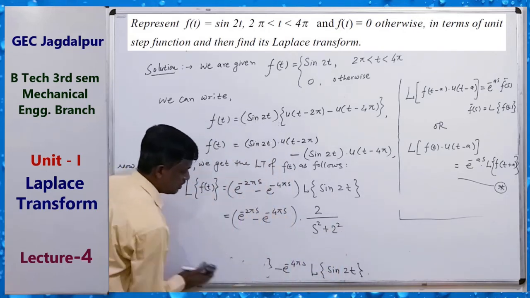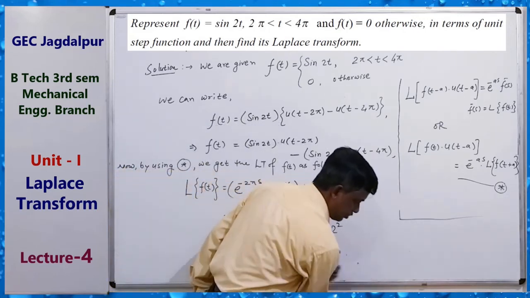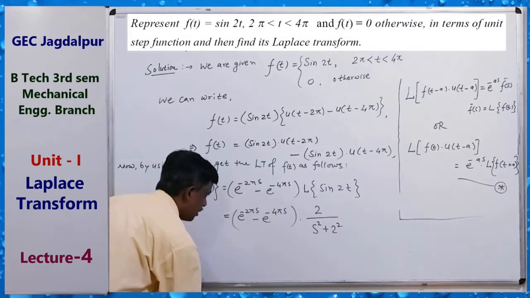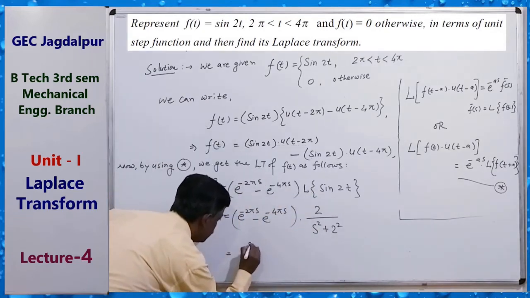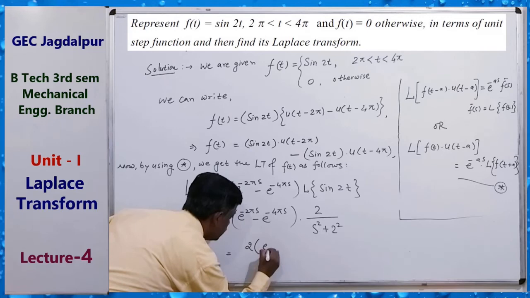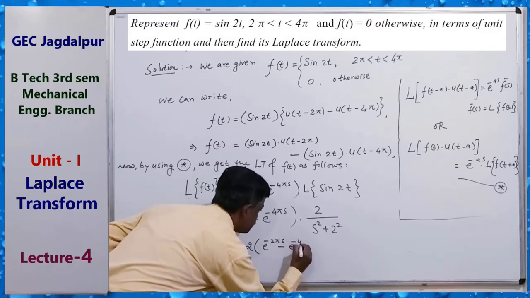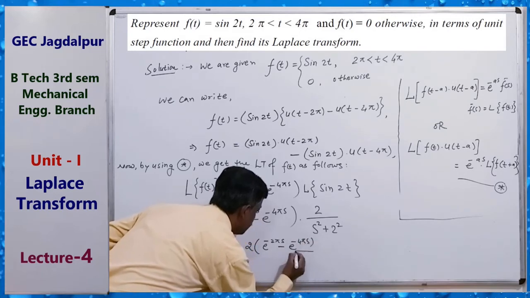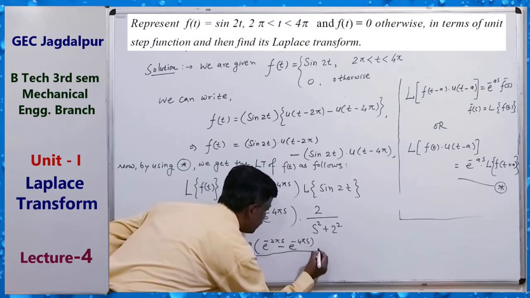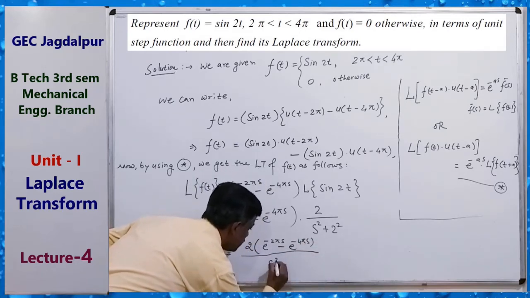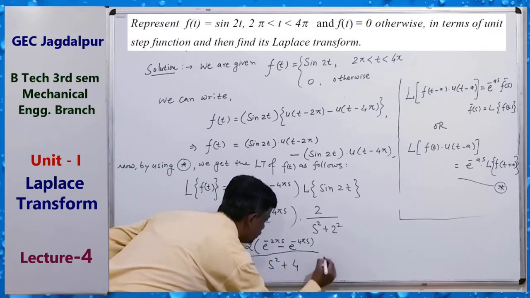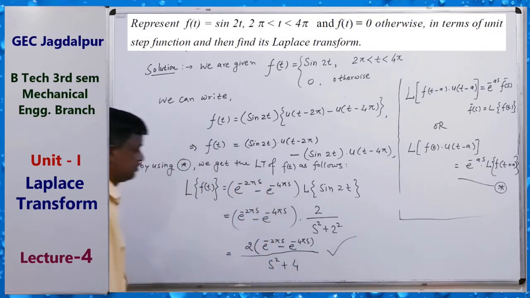So the final answer is 2 times e to the power minus 2 pi s minus e to the power minus 4 pi s, upon s square plus 4. So this is our answer.